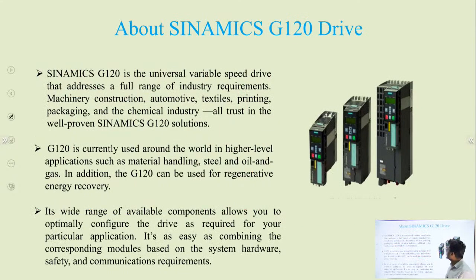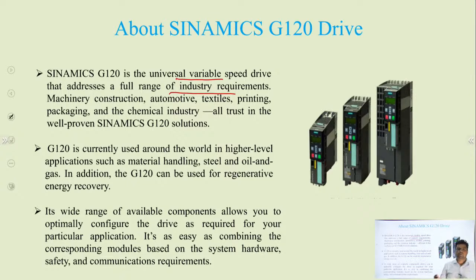About Sinamics devices, we can say Sinamics G120 is a very universal variable speed drive. It covers the full range of industry requirements and is used in machinery, masonry, construction, textile, printing, automotive, and chemical industries, and many more places.